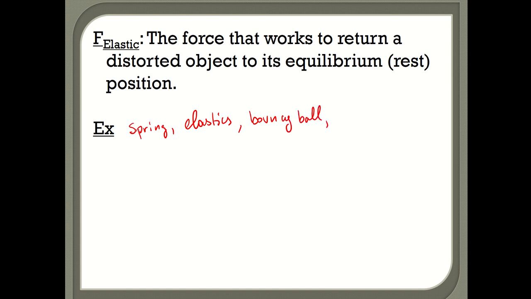But this also applies to things that perhaps are not made of springs or rubber. For example, a hockey stick, when you shoot the puck, actually also bends and will deflect basically a certain distance. So in reality, any object that you bend or compress will have an elastic force.